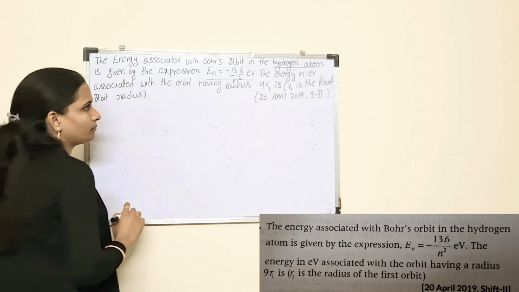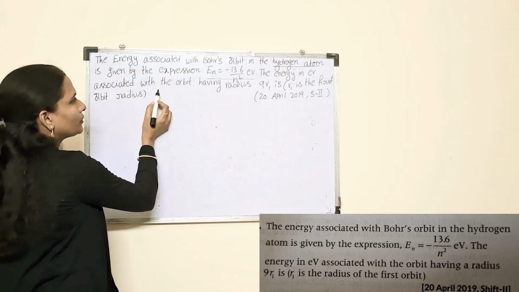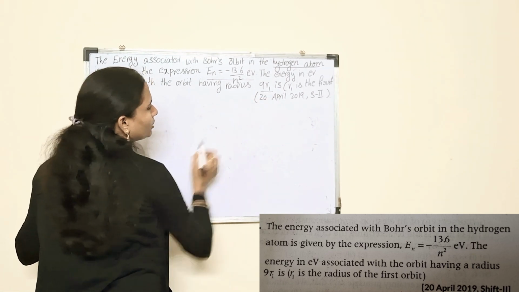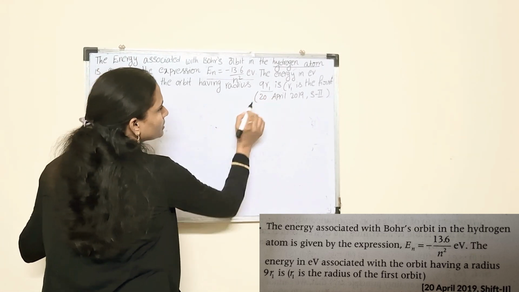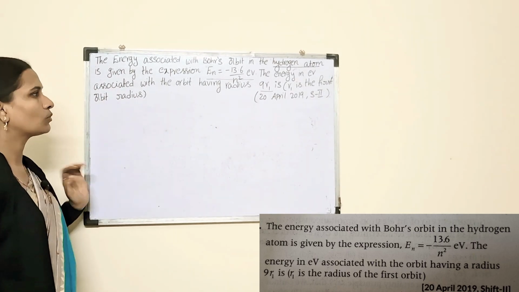What is the energy in electron volts associated with the orbit having radius 9r1, where r1 is the first orbit radius?